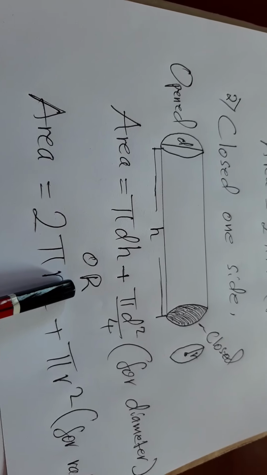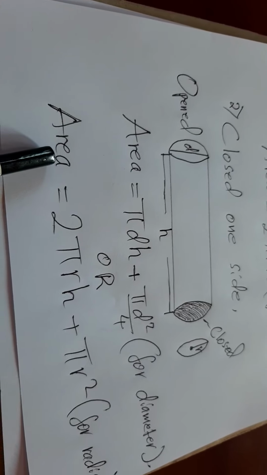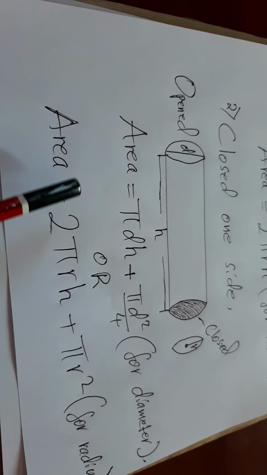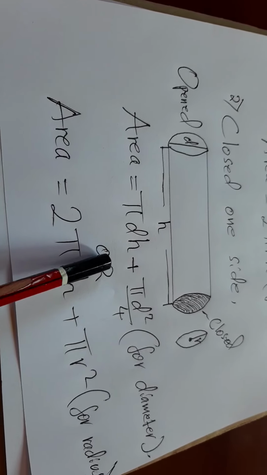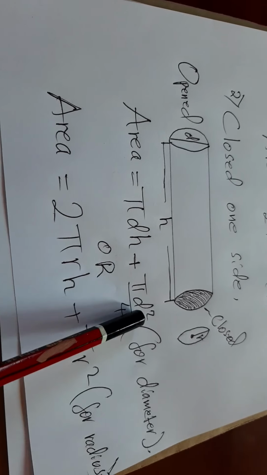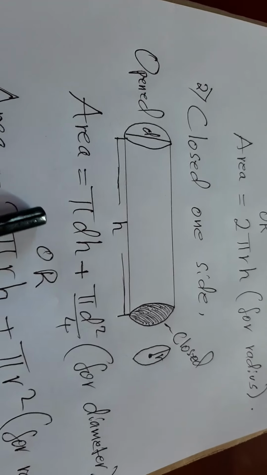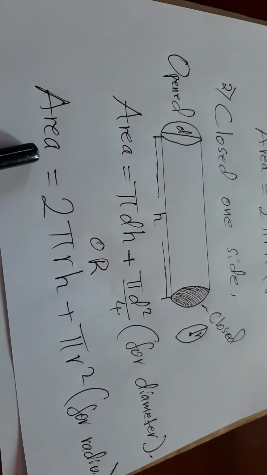And also for the case of radius: maybe you have the diameter, but if you have a cylinder where we don't have the diameter but there is a radius, you have to use this formula.